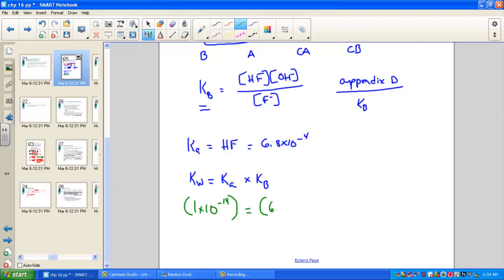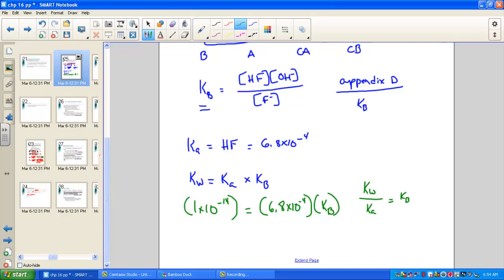Ka is the one we just looked up, 6.8 times 10 to the negative fourth. Let's pull out Kb. The Kb will be for the expression we wrote earlier, of fluoride, the F negative ion, acting as a base. So you can clearly see the pattern of algebra. Kw divided by Ka will pull out our Kb.